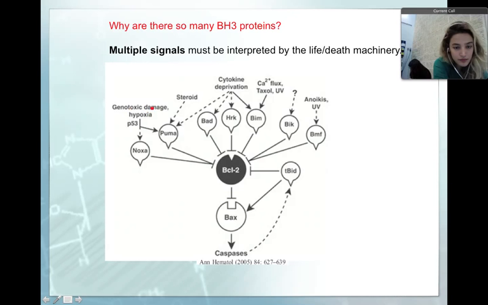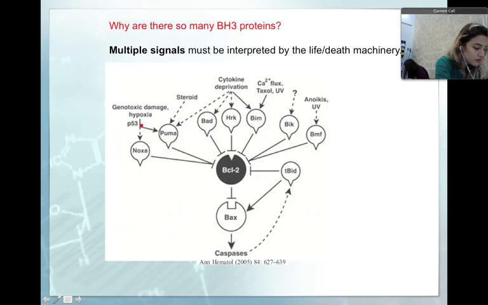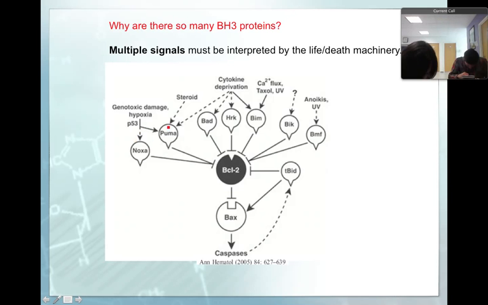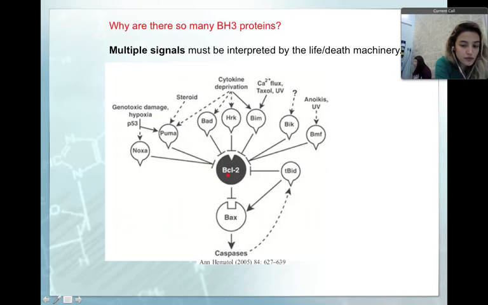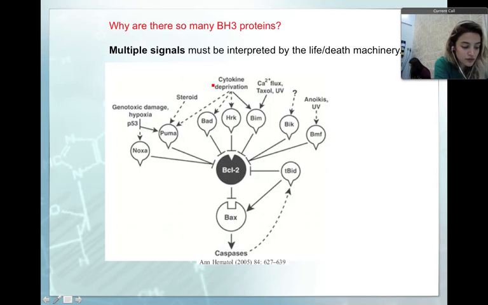So if you have DNA damage, or if you have low oxygen levels, then the cell will trigger P53, and you're going to then go through particular death signals, which are going to block BCL2, right, and the related proteins. But it may be that what you are lacking is a cytokine. Maybe there's a particular growth factor or something that keeps this cell alive that's missing.